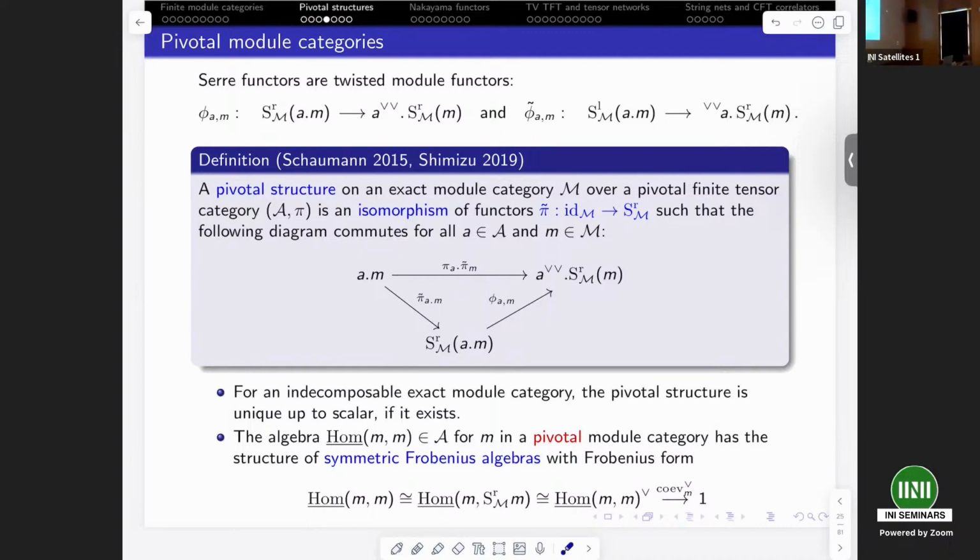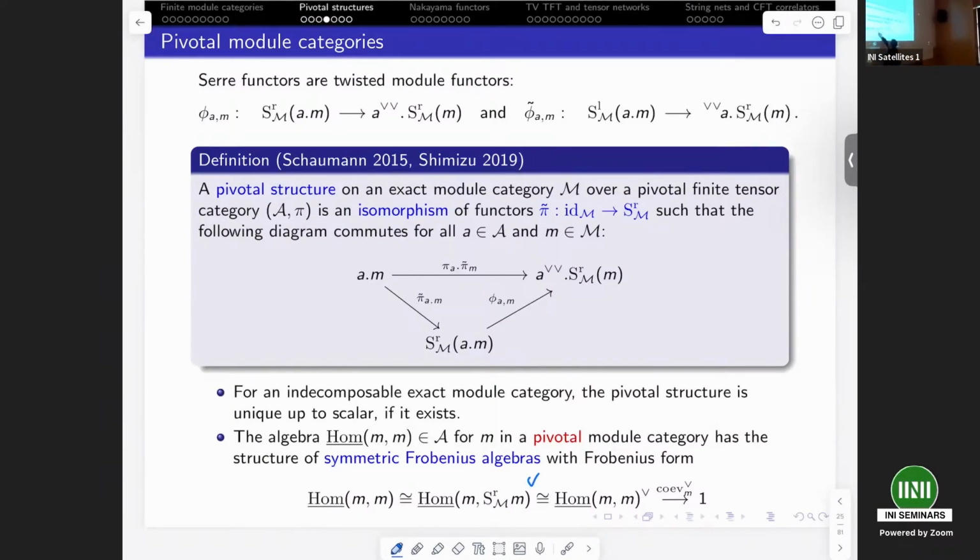So what you can do is use the Serre functor to identify this. And I have made a typo, but here I can correct the typo. I can identify this with the dual. Then the Serre functor is trivialized.